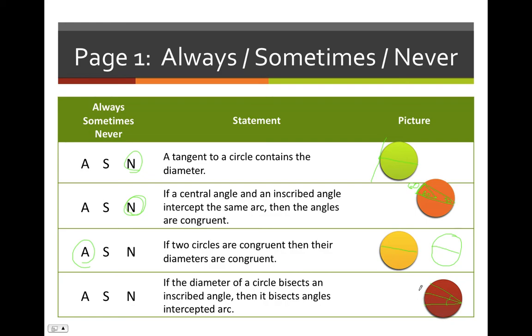That would be true. Let's just make up something. Let's say that this is 100 degrees. Then I know this is 50. Well, if it bisects it, it's 25, 25 for each angle. So this is double, so 50, 50. So that's always.